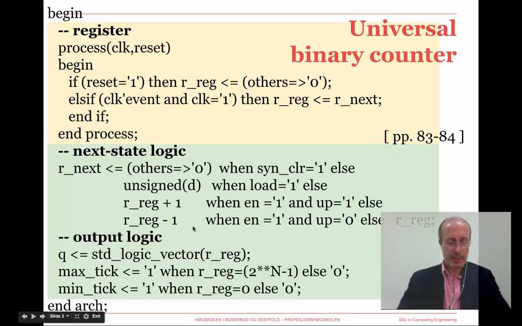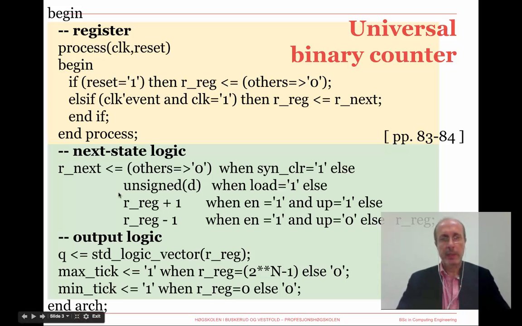The second aspect deserving your attention is the need to perform a type conversion. And this is due to the fact that arithmetic operations are not supported on the standard logic vector data type.